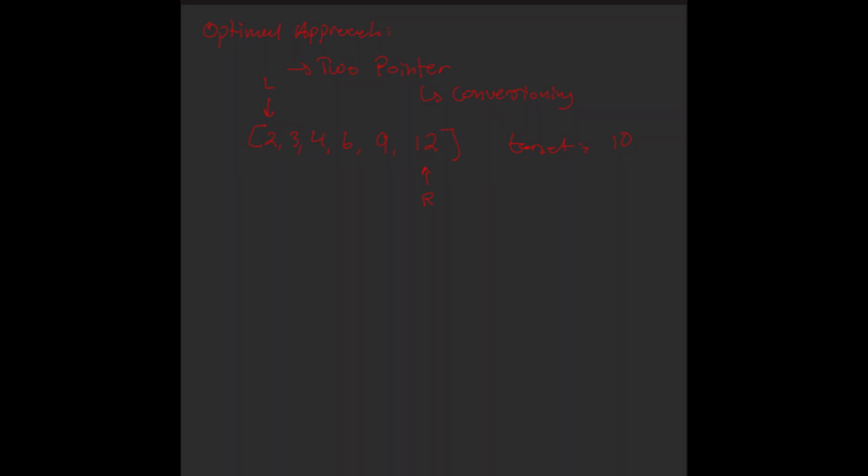And what happens is we first check what the current sum is. The current sum is simply the value of numbers at the left pointer plus the value at the right pointer.